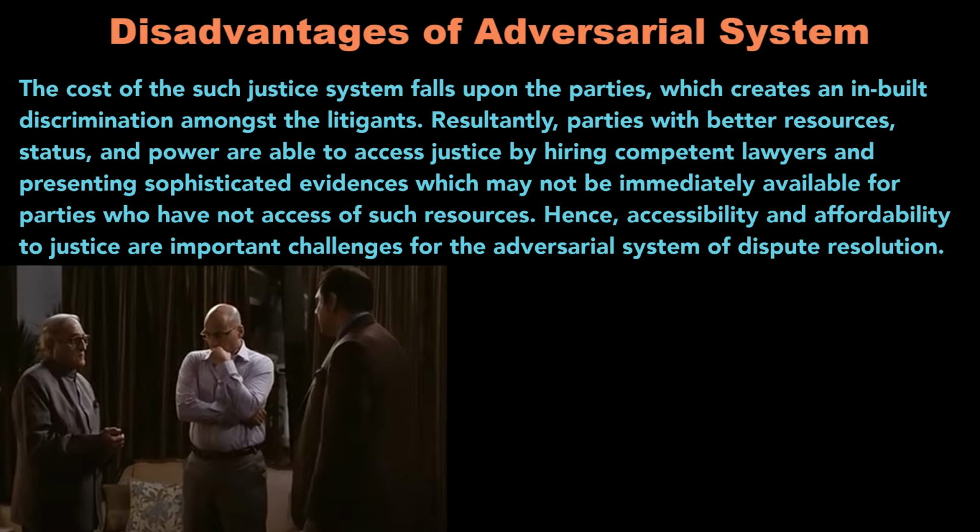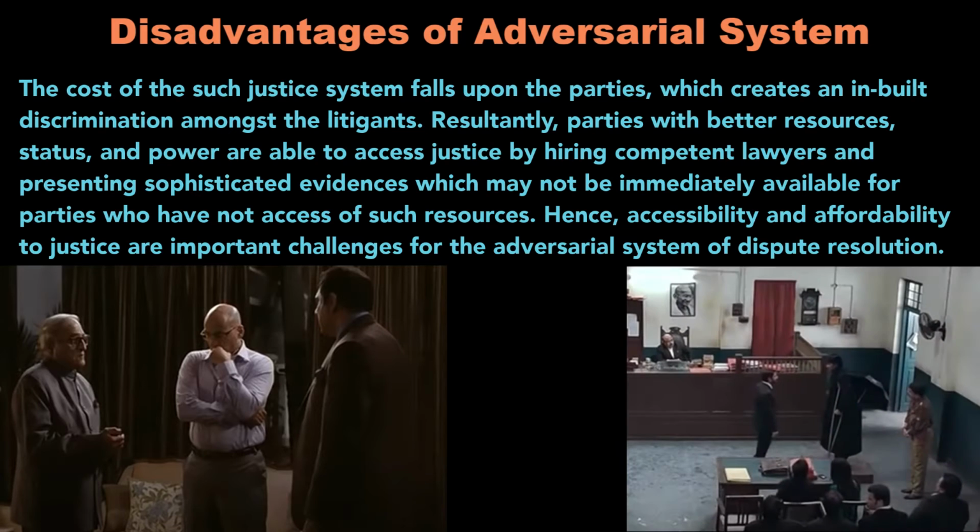Resultantly, parties with better resources, status, and power are able to access justice by hiring competent lawyers and presenting sophisticated evidences, which may not be immediately available for parties who have not accessed such resources. Hence, accessibility and affordability of justice are important challenges for the adversarial system of dispute resolution.